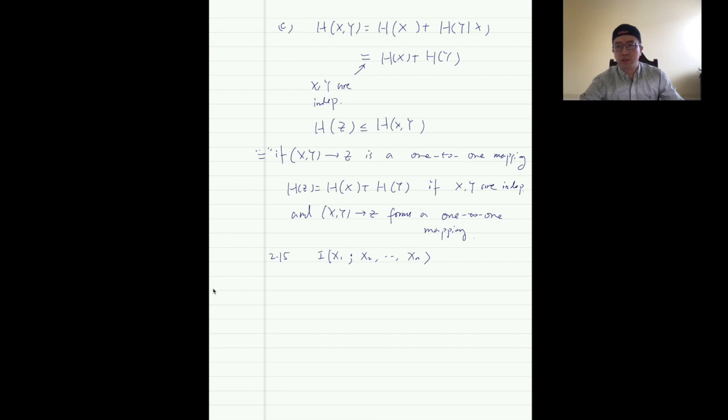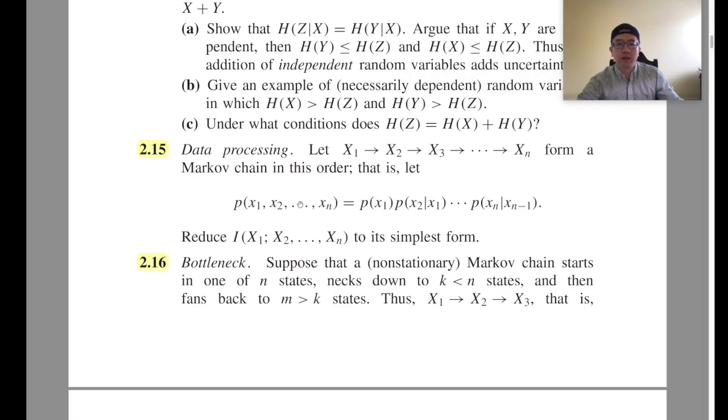An important property of a Markov chain is that, for example, given X2, X1 and all the random variables after X2 will be independent. For example, given X2, X1 and X3 will be independent, and given X3, X2 and X4 will be independent, and so on.